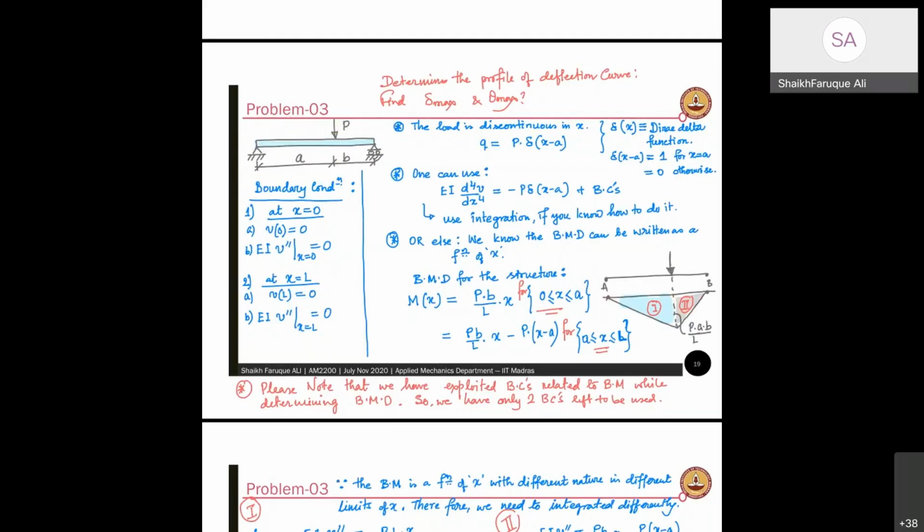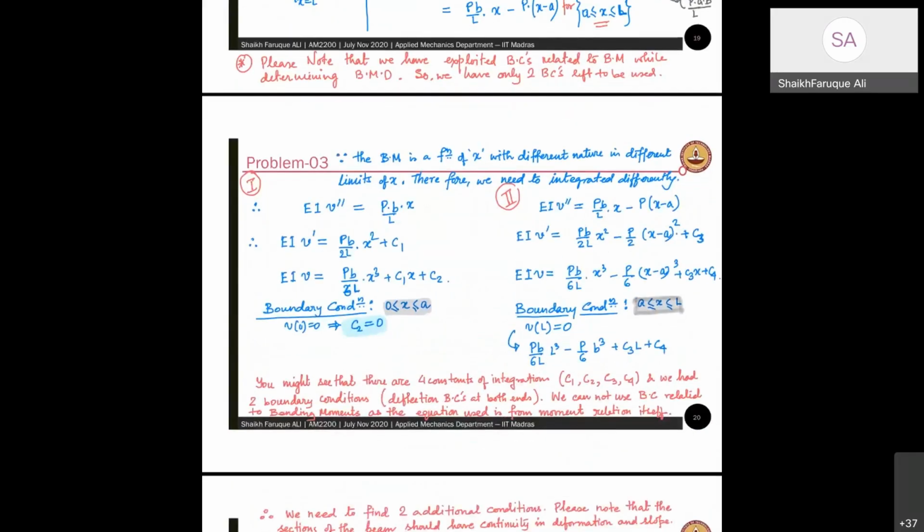It will not occur at the same point, right? Only when the load is at center will it be at the center. When the load is here, it will be somewhere here. So the location of maximum deflection will move. The value of maximum deflection will also change. Can you draw these two diagrams as P enters at x equal to 0 and leaves at x equal to L? These are called influence line diagrams, which are very useful for design, but you try it once yourself.